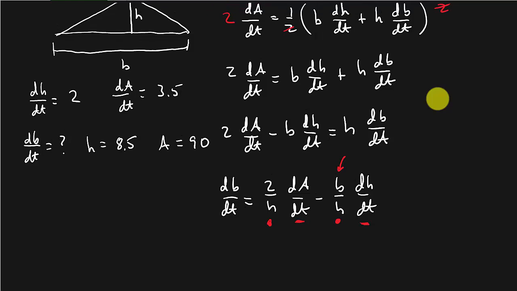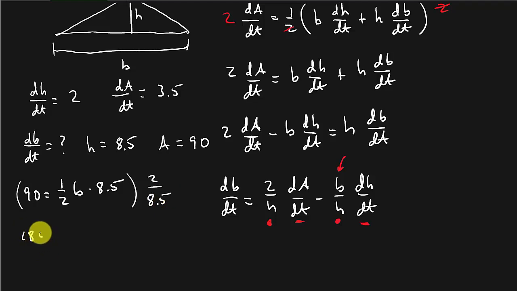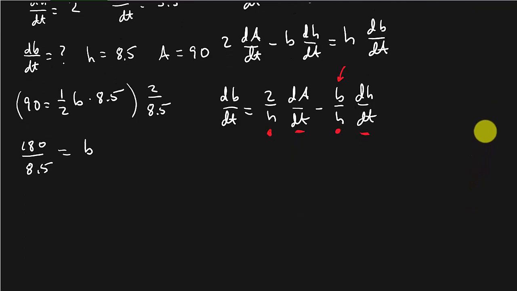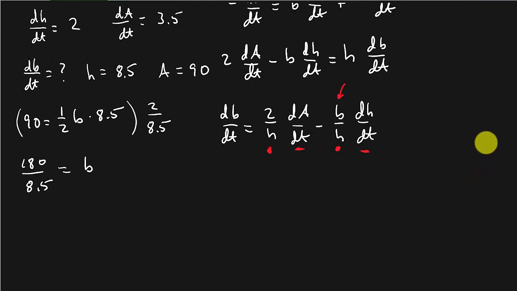I've got 90 is equal to 1/2 B times H. If I solve this, I'll multiply both sides by 2 over 8.5. That gives me 180 over 8.5 is equal to B. All right, so now we have stuff to plug in for everything, don't we?